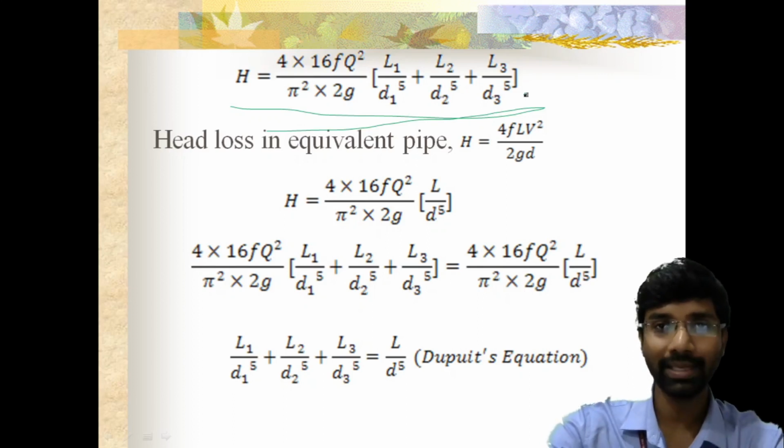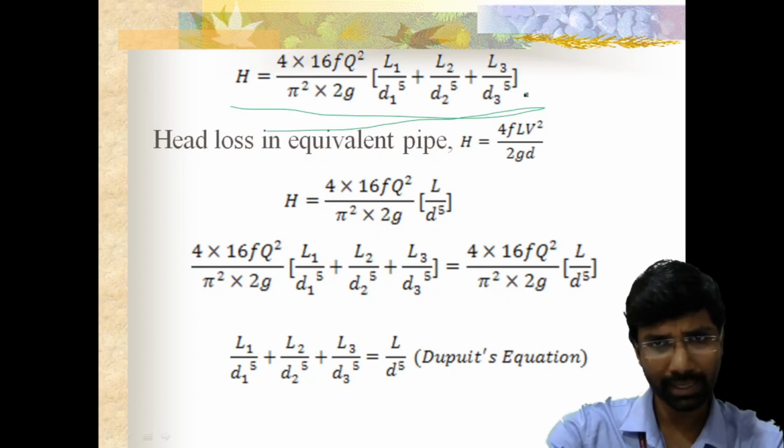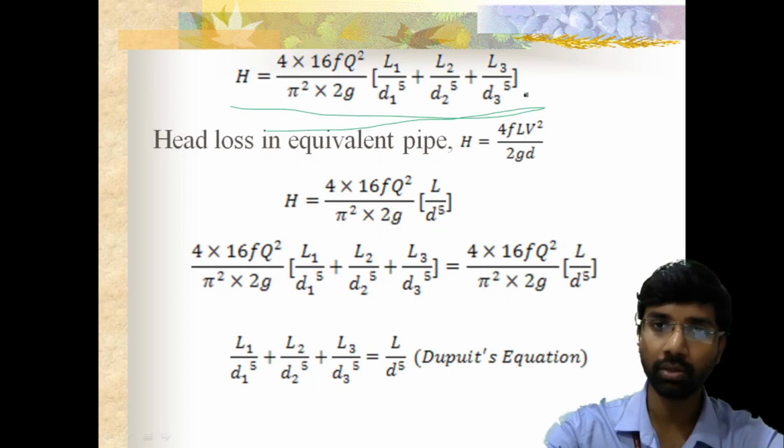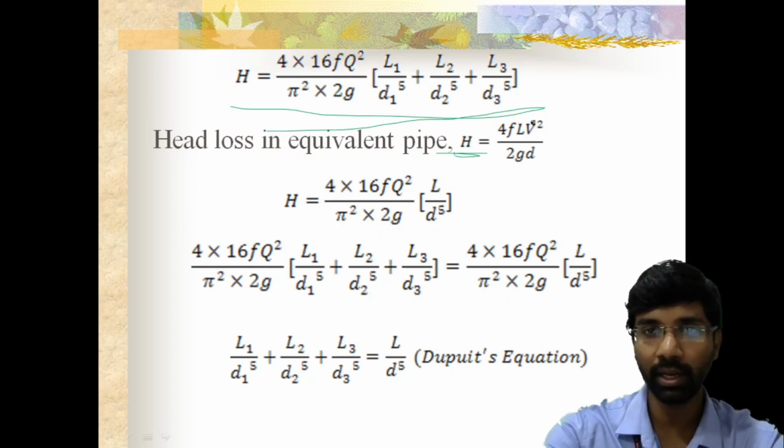And now consider the equivalent pipe. In the equivalent pipe also you will have the same head loss. So the same head loss, capital H, can be written as 4FL V square by 2gD. Let capital V be the velocity, L the length, and D the diameter. From the continuity equation Q equals AV, so V equals 4Q by pi D square.